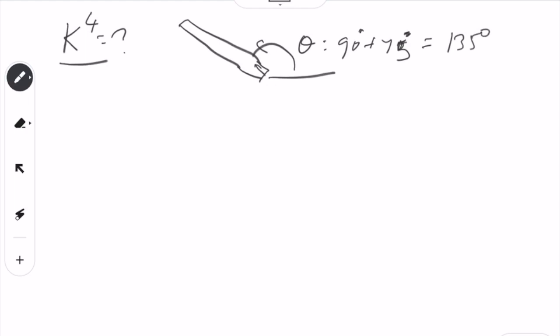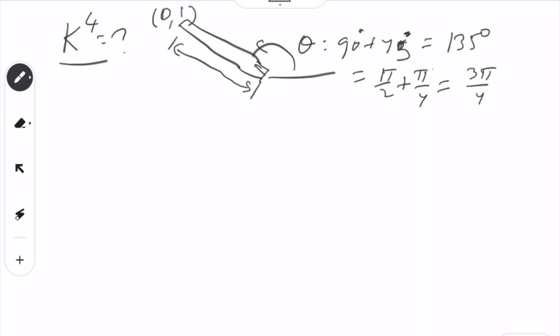Or this is equal to pi over 2 plus pi over 4, which is equal to 3 pi over 4 radians. Okay. So for the length, here we have the 1, 0, 1 coordinate, and here we have the 1, 0 coordinate.